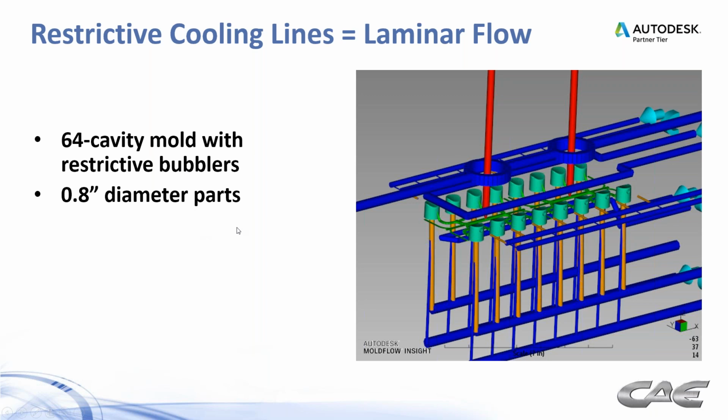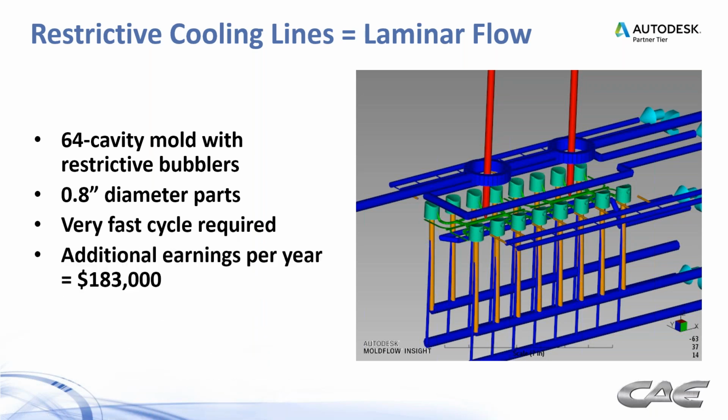The parts themselves are very small, 0.8 inches in diameter. A very fast cycle is required. And by sizing things right, there was a potential on this to improve your earnings by about $183,000.